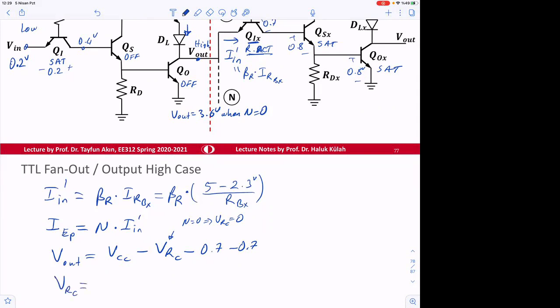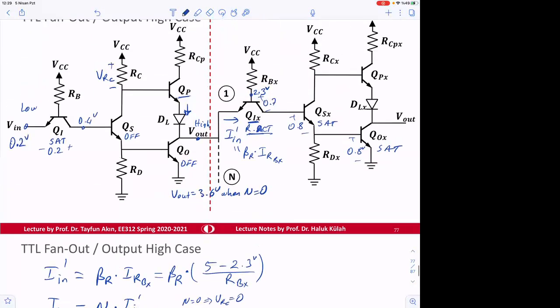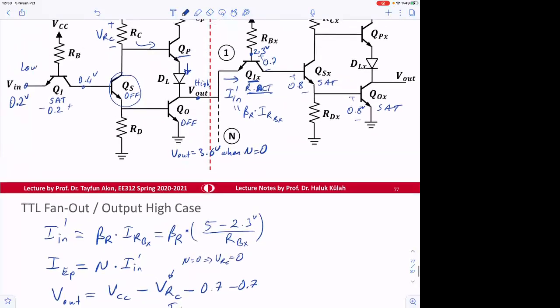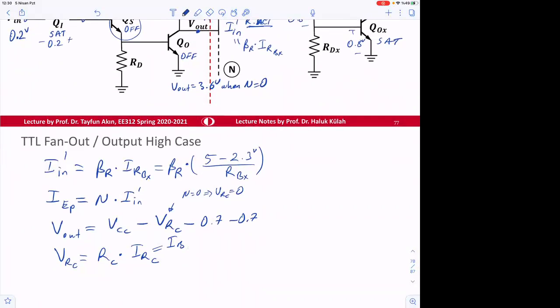VRC is equal to RC times IRC. What is IRC? Here this was off. IRC is this one. IRC in fact is equal to IB of P. IB of P is equal to, because that's forward active, IE of P divided by beta forward plus 1.